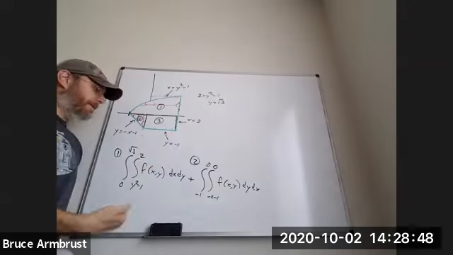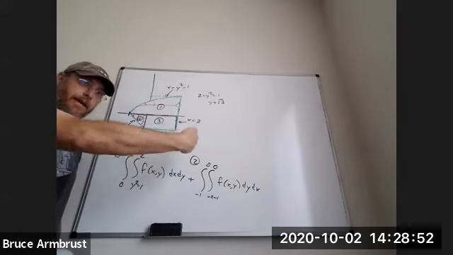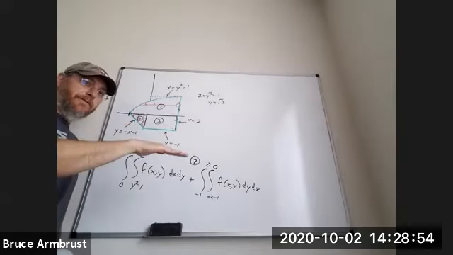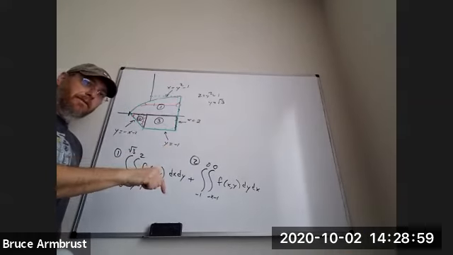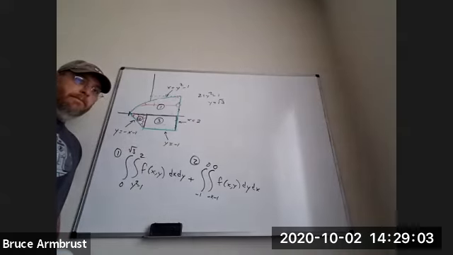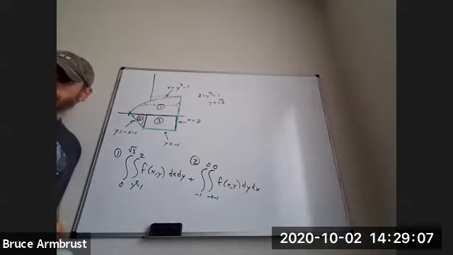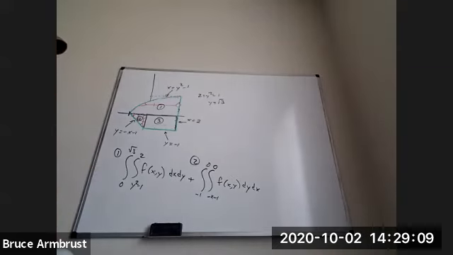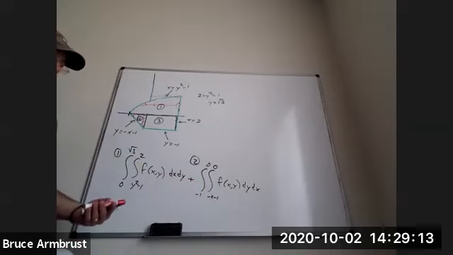So that's going to be the same here when he's marching horizontally. It's from left to right. And then vertically, it's from down to up, because down is smaller numbers. We go from smaller to bigger. That's a good question. All right, so there are the bounds for region number 2.